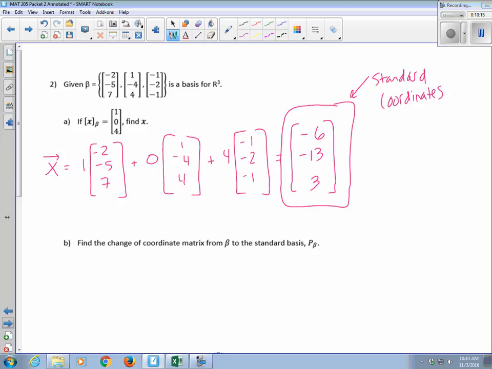All right, now I'm going to have you go the other way. I'm going to ask you to find the change of coordinate matrix. Oh, sorry, it's a different question. The change of coordinate matrix from beta to the standard basis.